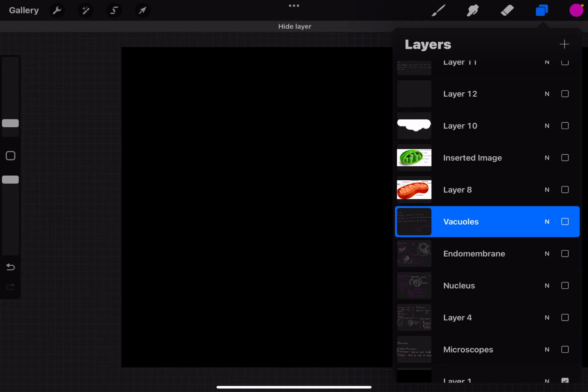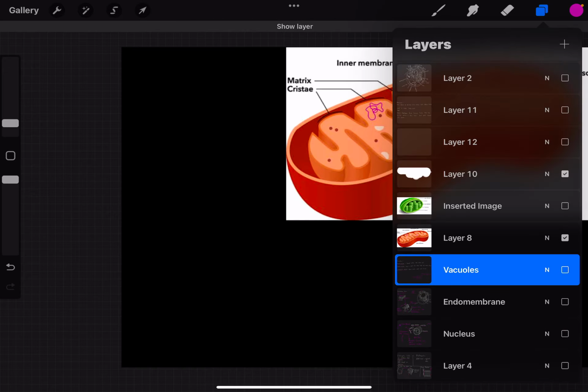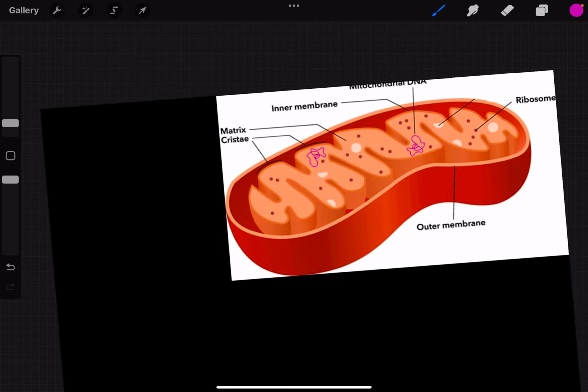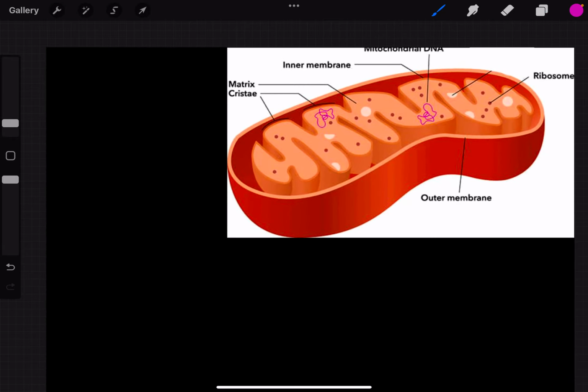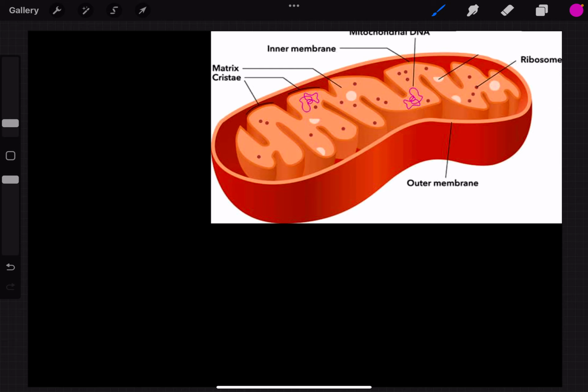We can move on from that. Now we'll be talking about the mitochondria and the chloroplast. Pretty straightforward. We just talk about what it is and kind of what it does. There are two types of membranes in a mitochondria: the outer membrane and the inner membrane.